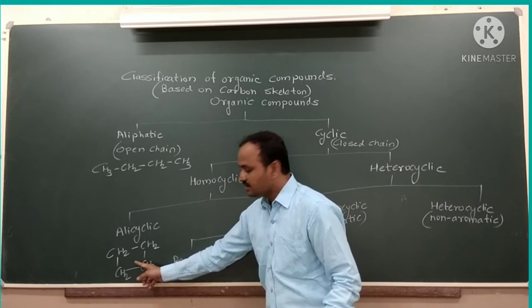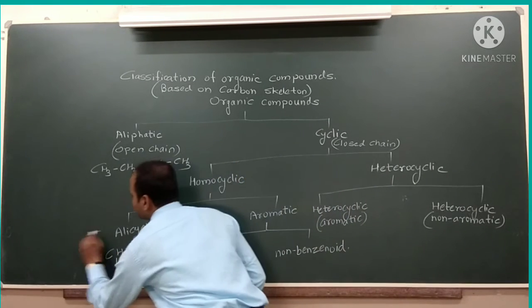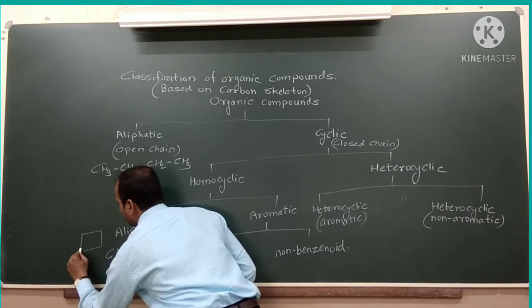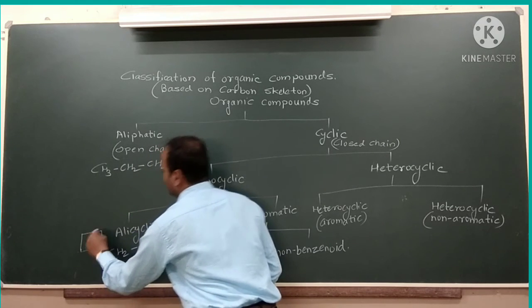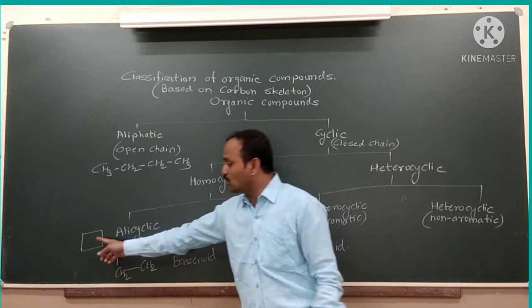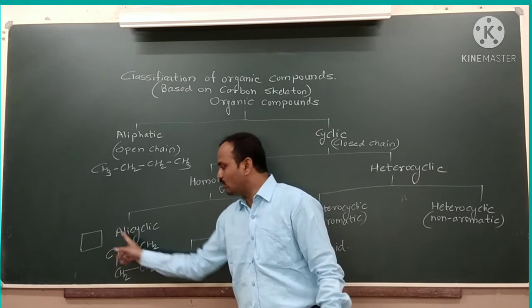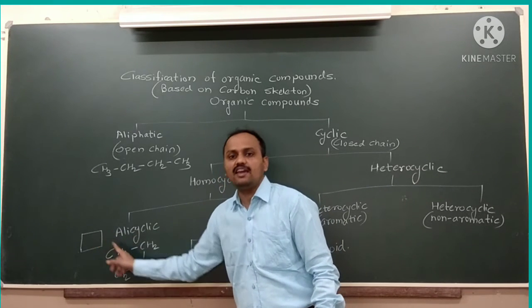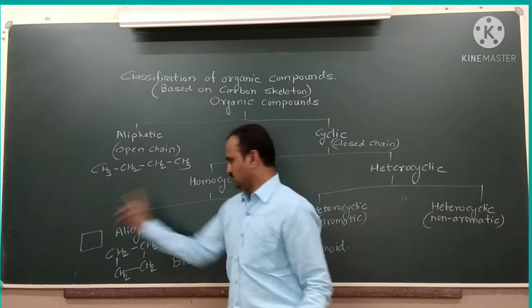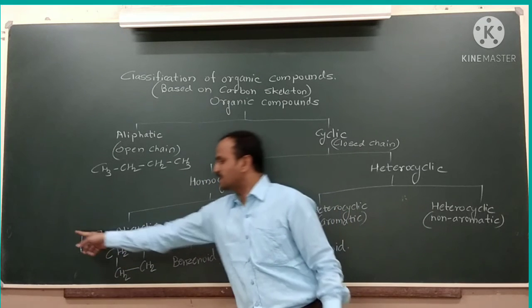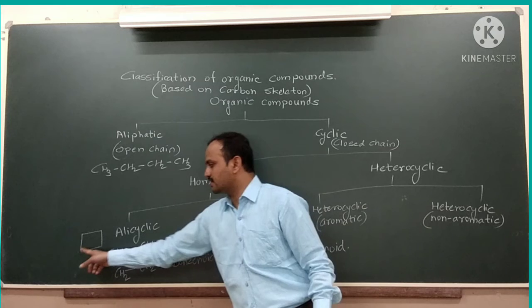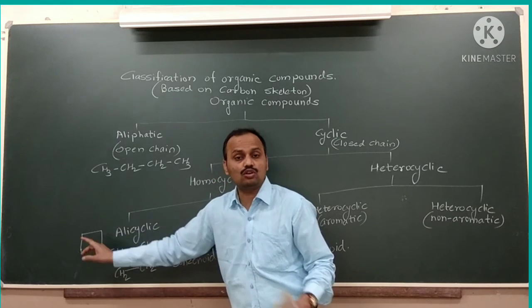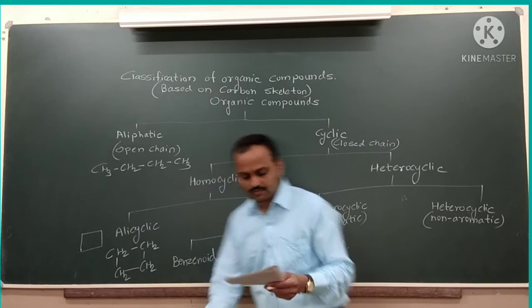In short, this compound will be like this. This is called cyclobutane, an example of alicyclic. Alicyclic means it is part of homocyclic, with carbon at each corner of the ring.